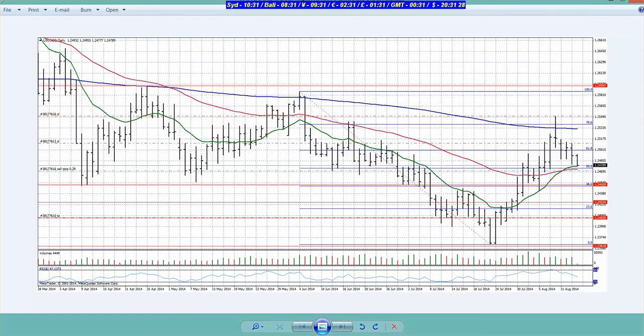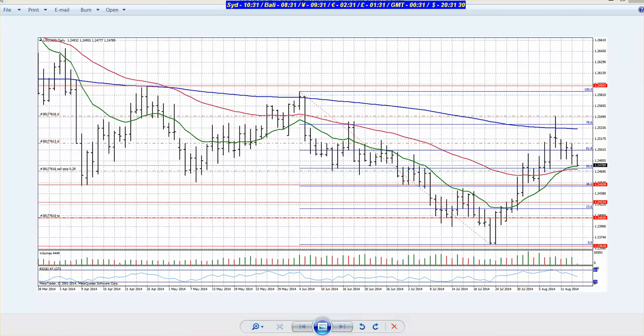But your stops, why are your stops? Stop loss is 40 pips. First target is 68 pips. Second target 104 pips. Third target 213 pips.